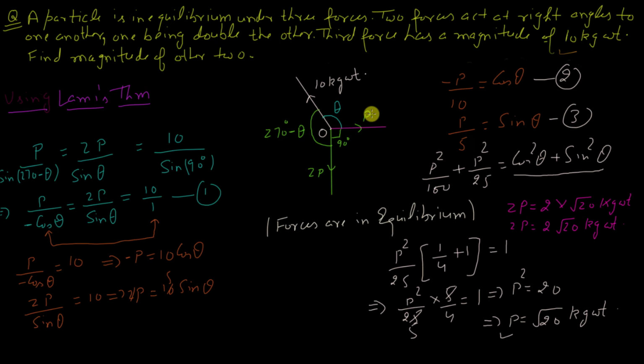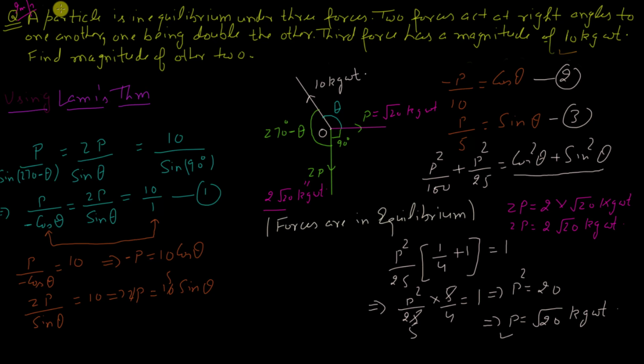So this force comes out to be root 20 kilogram weight, which we were required to determine, and this comes out to be 2 root 20 kilogram weight. So these two forces were required to determine, and this problem is based upon the application of Lami's theorem, and this is an important theorem.